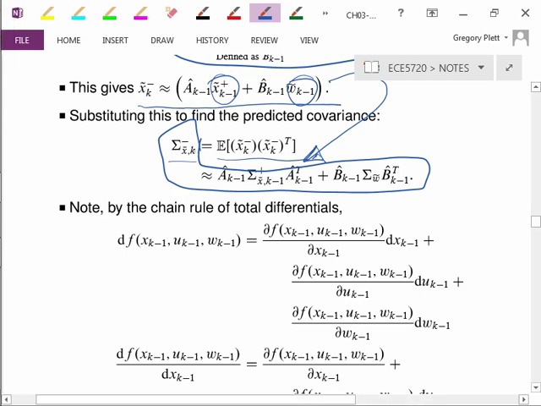I caution you that the A hat and the B hat matrices are found by a total differential solution, not by a partial differential solution. And we're going to go through the algebra or calculus carefully here to see how the two are related. And in this case, we'll find out that they amount to the same thing.